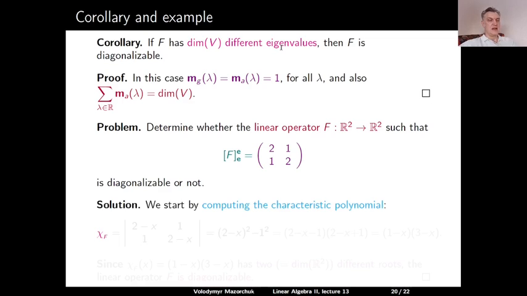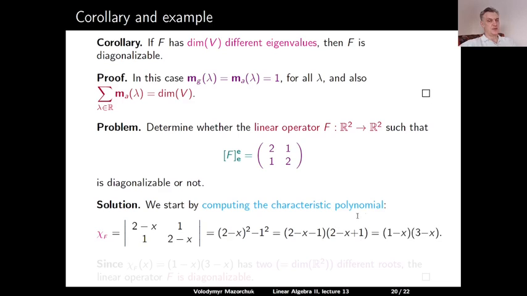Solution. Let us start by computing the characteristic polynomial. So the characteristic polynomial is equal to the determinant of the matrix 2 minus x, 1, 1, 2 minus x. So this is (2 minus x) squared minus 1 squared. This is a difference of two squares, so it's (2 minus x minus 1) times (2 minus x plus 1), which is (1 minus x) times (3 minus x).